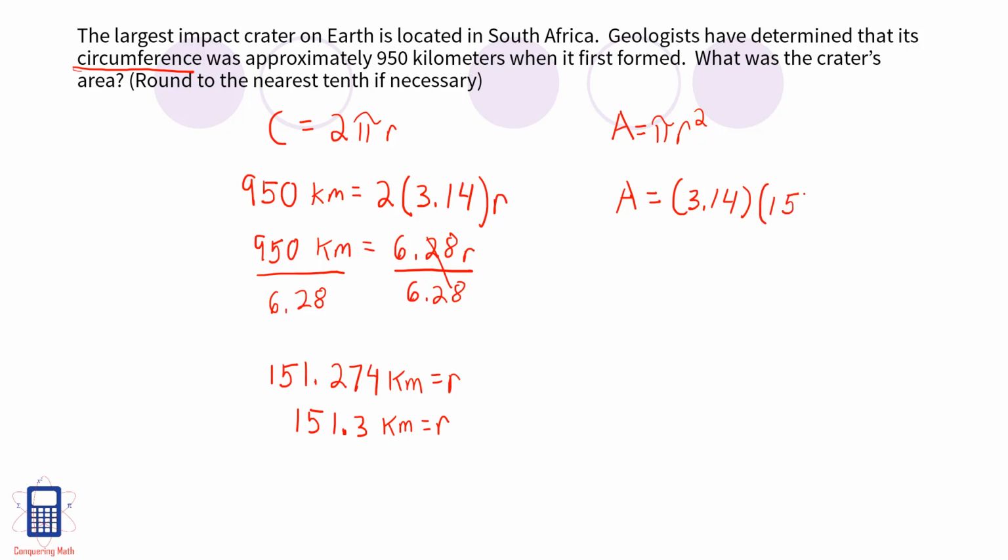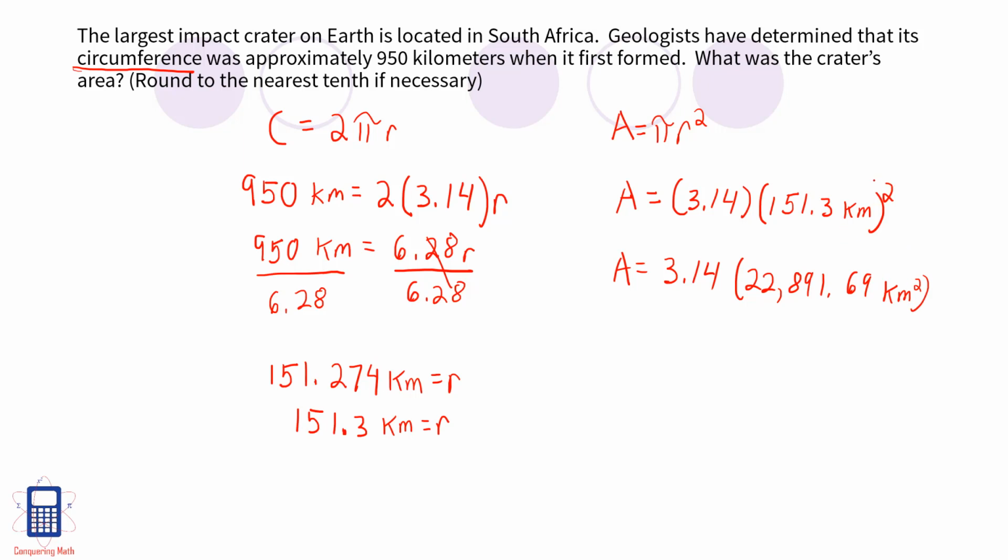So 151.3 kilometers squared. And if we take this step by step, 151.3 kilometers squared comes out to 22,891.69 square kilometers.